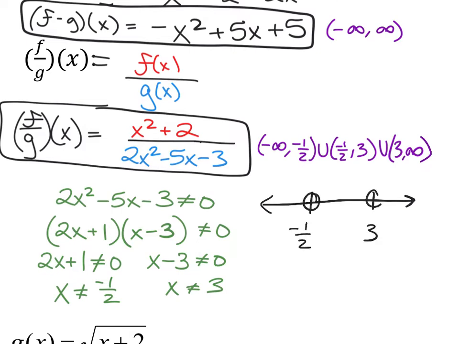These are empty gaps. They're holes in my graph. And everything else was part of my domain. So that's the intervals that I listed there: from negative infinity to negative 1/2, from negative 1/2 to 3, and from 3 to infinity. But I did that part in my head at first. If you need the number lines, draw the number lines. If you got it without the number lines, you don't need them anymore.